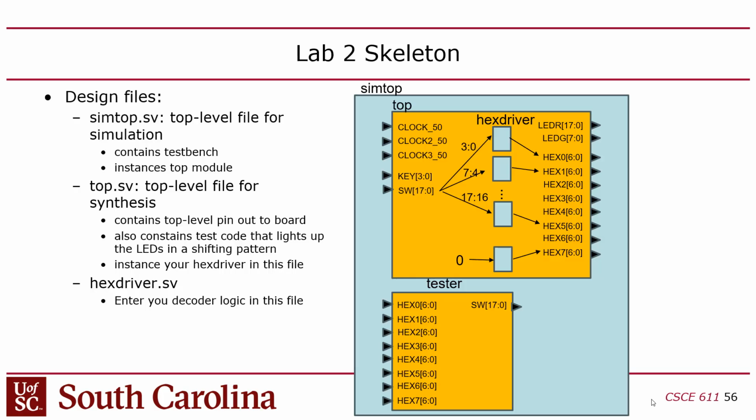So there's a file called lab_hex.tar.gz. That has some stuff in it that you'll need. It has a lot of stuff. It has some Verilog files that are going to be your template that you can start with. It also has a project file for Questasim.